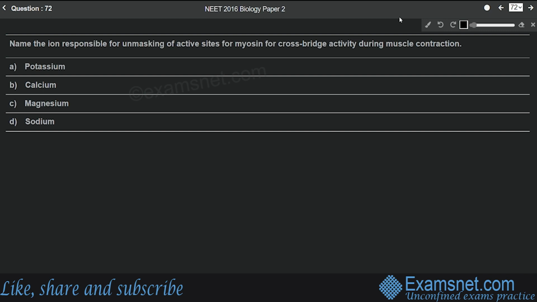Question number 72 is from the chapter Locomotion and Movement, and the question is, name the ion responsible for unmasking of active sites for myosin for cross bridge activity during muscle contraction. Options are potassium, calcium, magnesium and sodium. So we know that the actin filament has myosin binding sites on it, or the active sites.